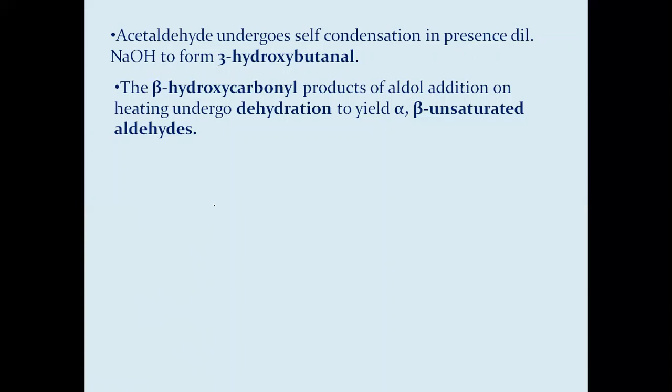Let me take the simple example of acetaldehyde. Here we have CH3CHO plus one more acetaldehyde. We know that acetaldehyde has alpha hydrogen. In the presence of base, let me take it as OH minus.